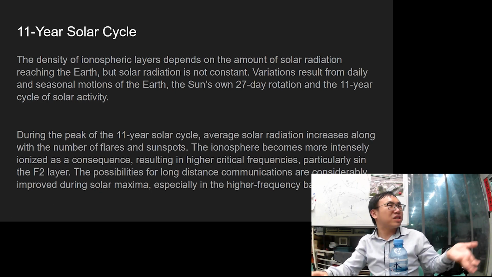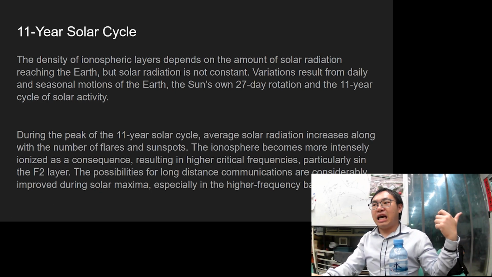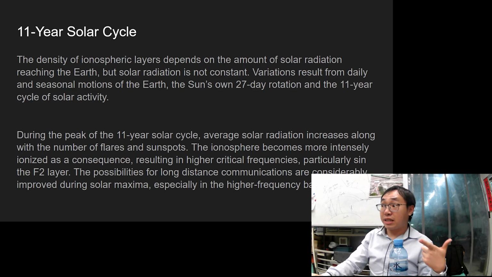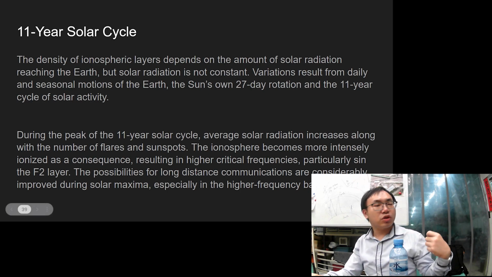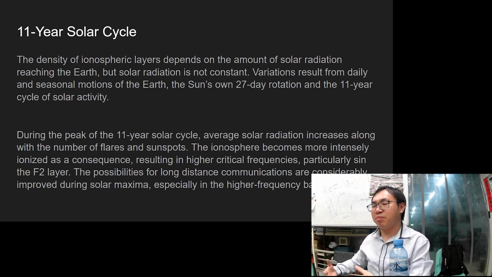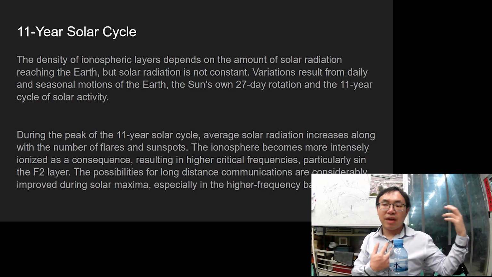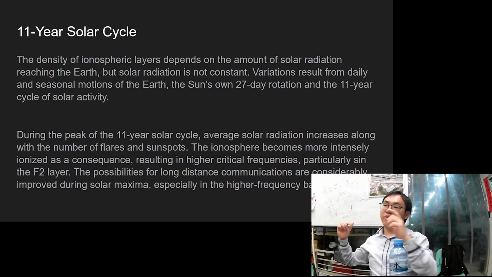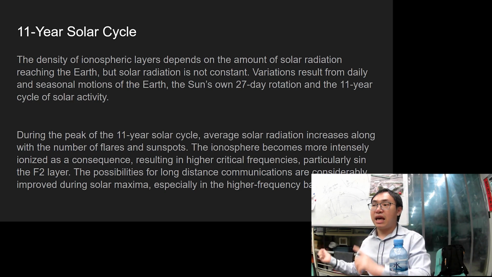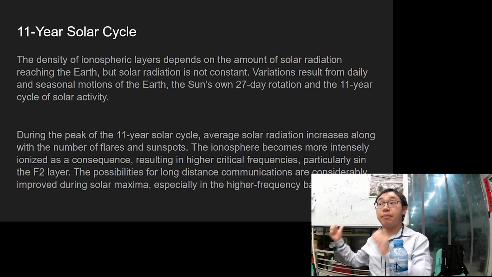And how do you know that this 11-year solar cycle appears? When it reaches the cycle, there will be more sunspots and flares. In Chinese, 耀斑 and 太陽黑子.